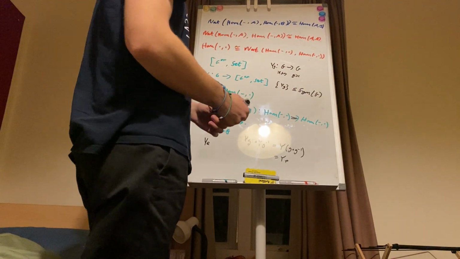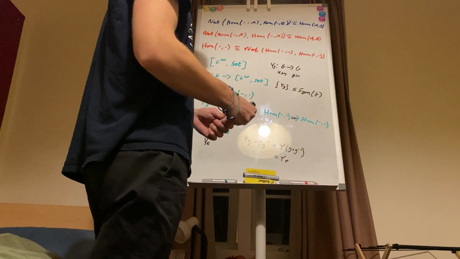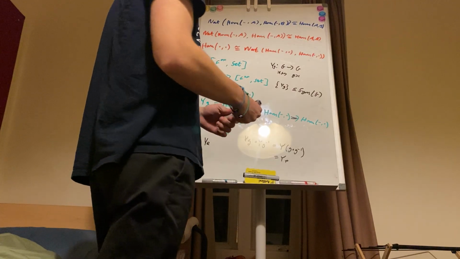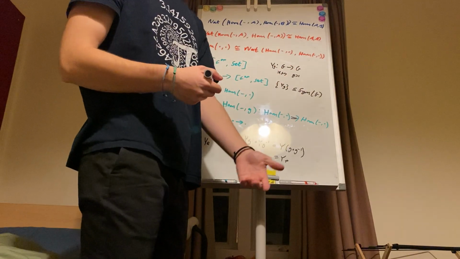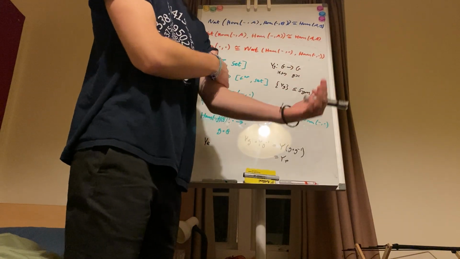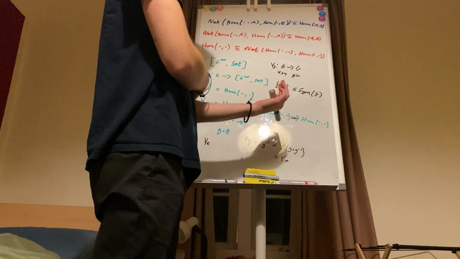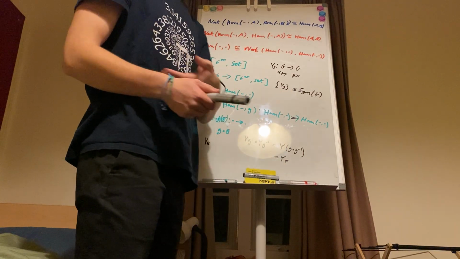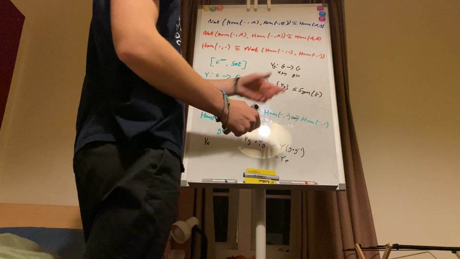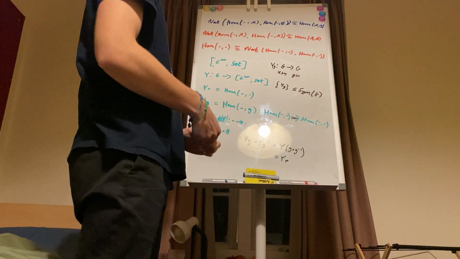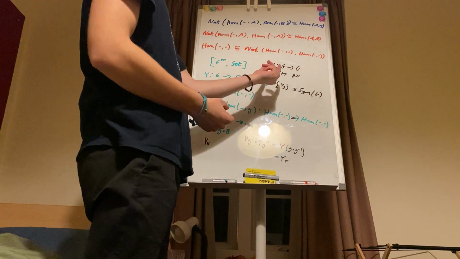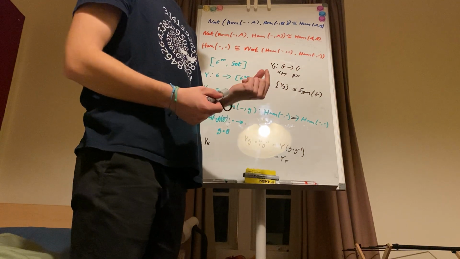And we know that it's an injection because if we had Gx equals Gx prime, then we just multiply on the left by G inverse, and we get that X equals X prime. And so each of these elements of our group is a permutation of G.